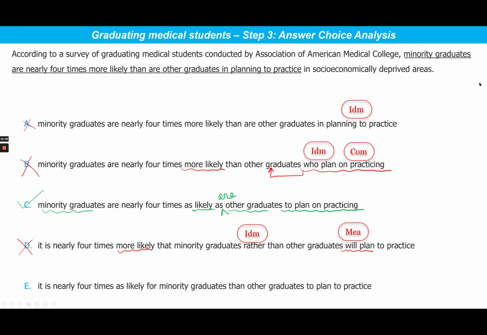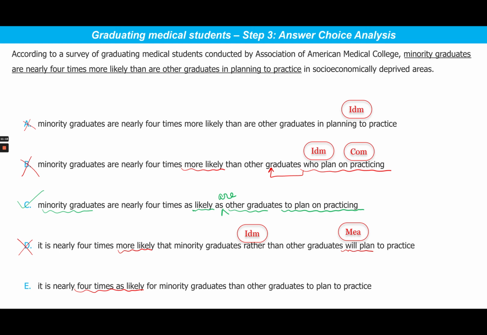Choice E, the last choice, says it is nearly 4 times as likely for minority graduates than other graduates to plan to practice. The problem in this sentence is it uses the phrase 4 times as likely, right? So the correct idioms are as likely as, and more likely than.